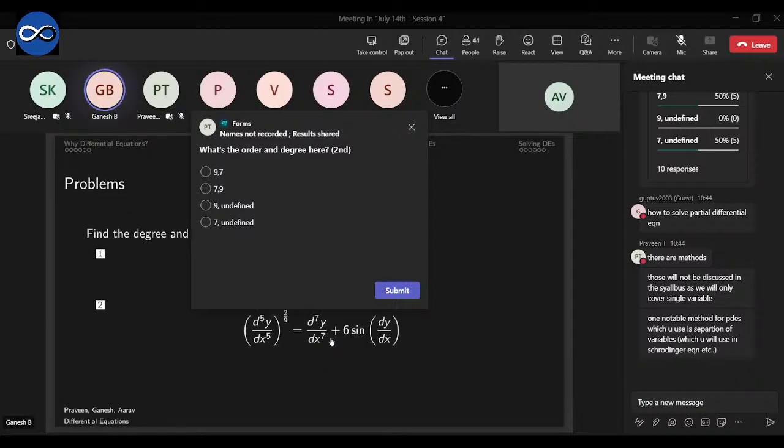Order gives you a lot of insight about the equation because, as we'll get into solving differential equations, we will learn that you will get some particular constants in your solution. So order actually helps you determine the number of constants in those equations, while degree offers no such insight. It doesn't give any value to the differential equation.